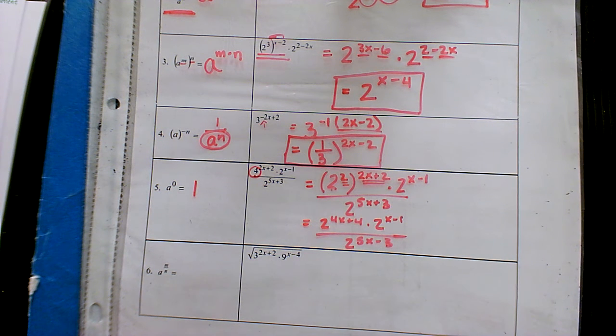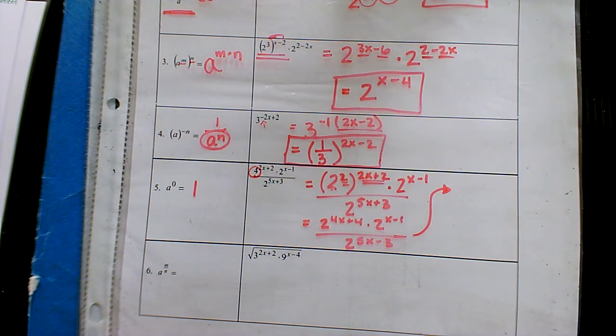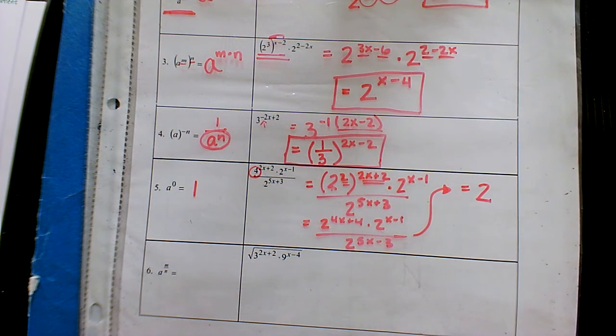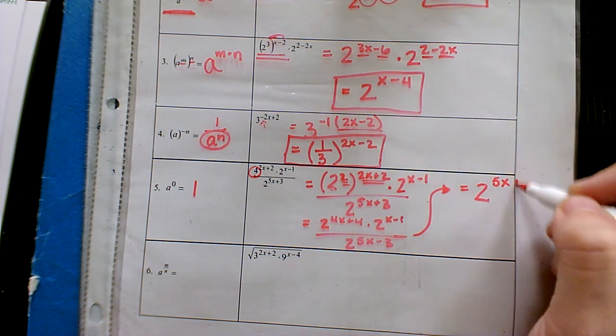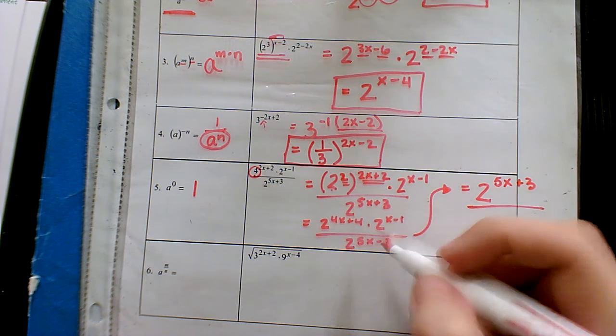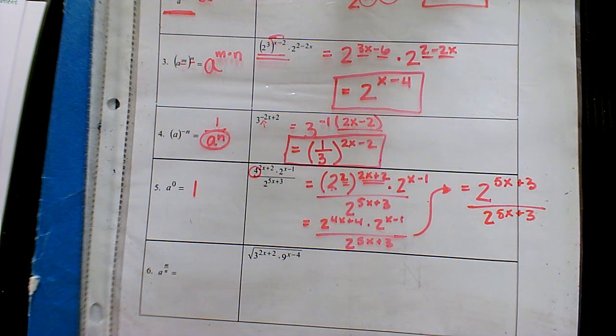And now that all the bases match, we can go through and use some of our other properties. Notice in the numerator, we're multiplying the same base, so we should be able to add the powers. Combining like terms would give us 5x plus 3. And that's exactly what we have left in the bottom.